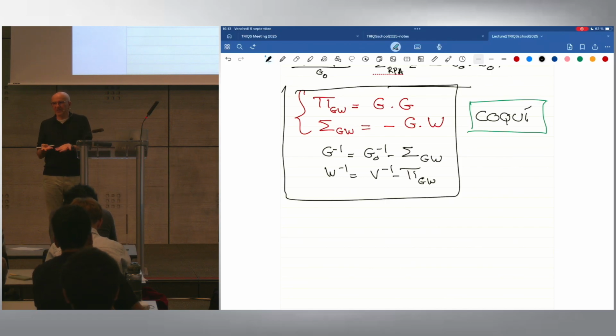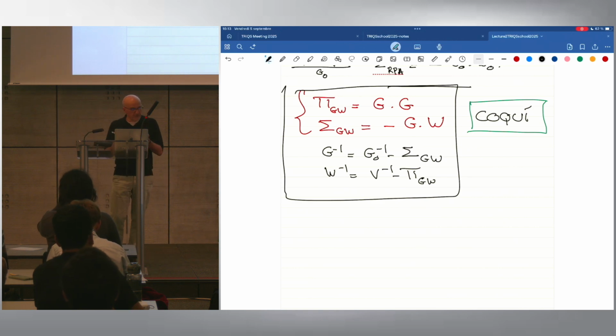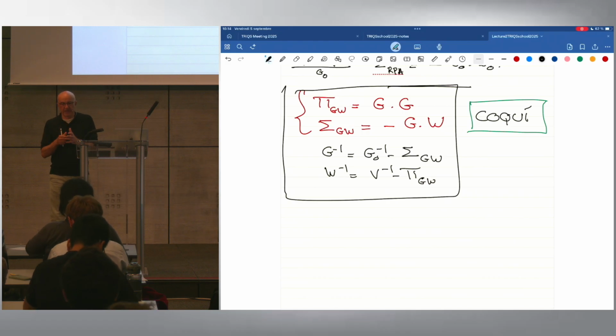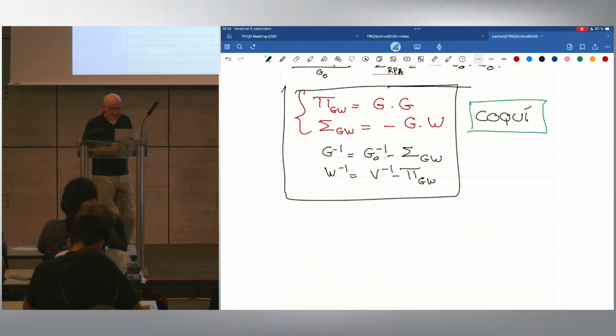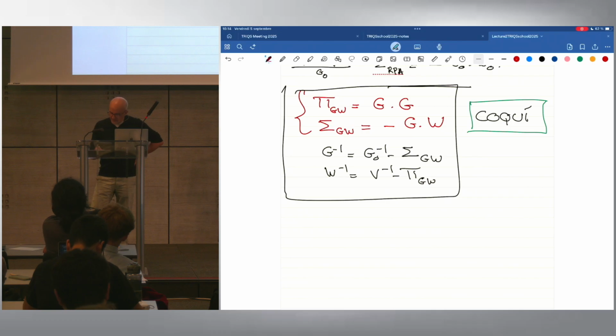It can only lower the total energy, because you can show that this can be derived from a functional. But from a spectroscopic point of view, it's not entirely clear that this is going to be better. And the reason for this is that, in fact, these equations, which look a little bit ad hoc, can be put onto a much firmer ground using the so-called Hedin formalism. So I don't think I will have time to really describe that.